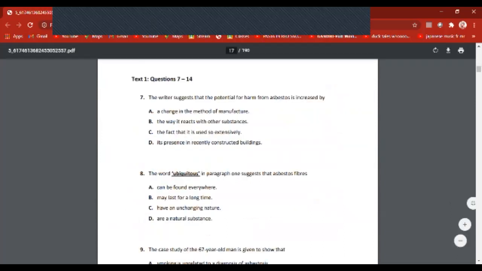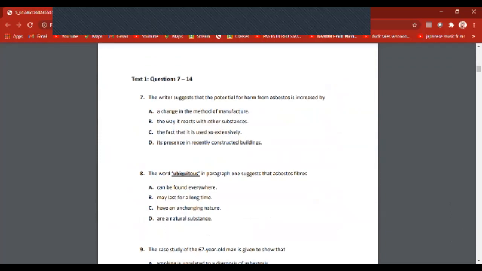So let's see. The writer suggests that the potential for harm from asbestosis is increased by: first, change in the method of manufacture. So first is about change in method. Second, the way it reacts with other substances. Third, the fact that it is used so extensively.